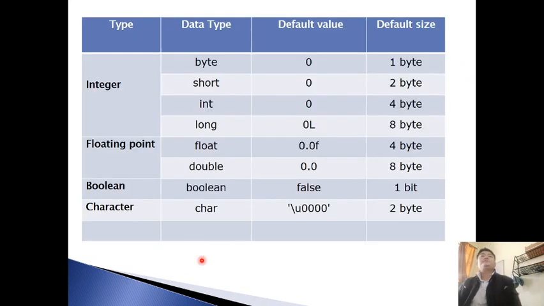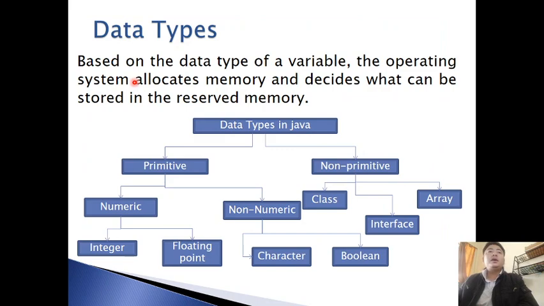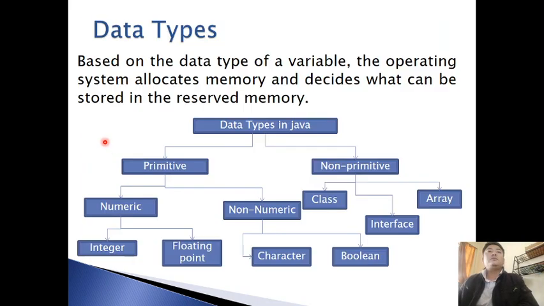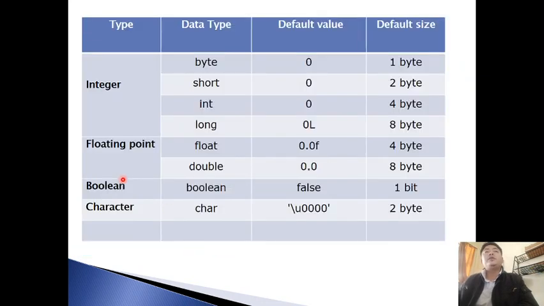If you see the table, I have again taken this from the book. I have not listed all, but the common things. You can see integer falls under the numeric part, floating point falls under numeric floating point, boolean falls under the non-numeric part, and character also.